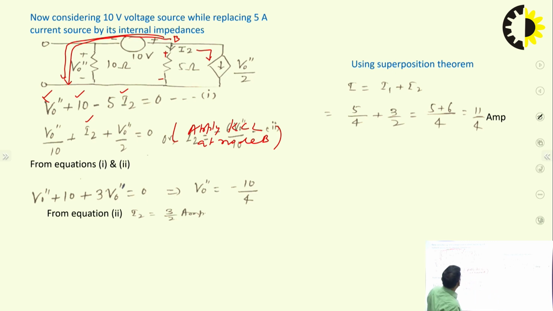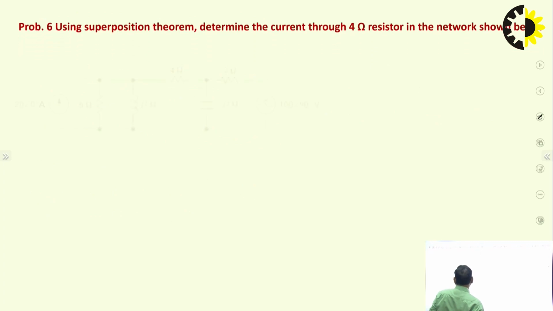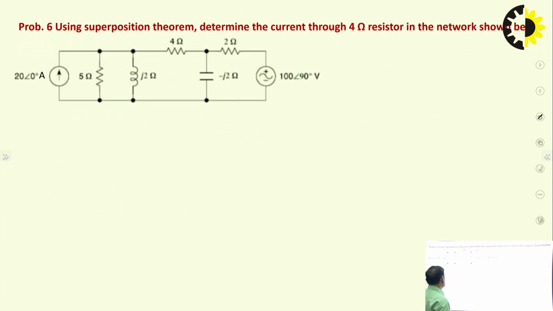Look, there are three energy sources. Two are independent and the third one is dependent. So we consider one independent energy source at a time, keeping the dependent energy source in the circuit. We do not remove it, so be careful. Now this is another problem. We have to find the current through the 4 ohm resistor.